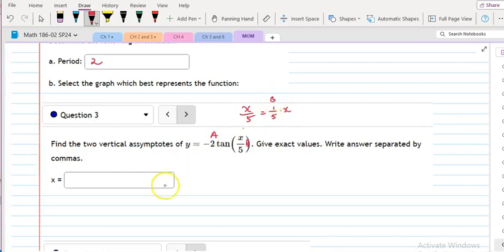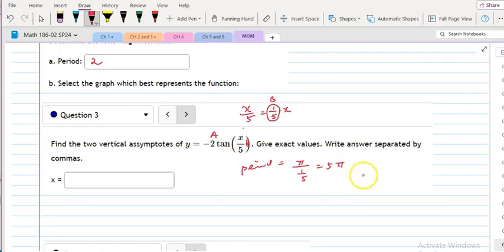So b is 1/5. We have to calculate the period first before we can figure out the asymptotes. The period is pi, originally pi, over 1/5. So not over 5, but 1/5, so that's 5 pi, right?